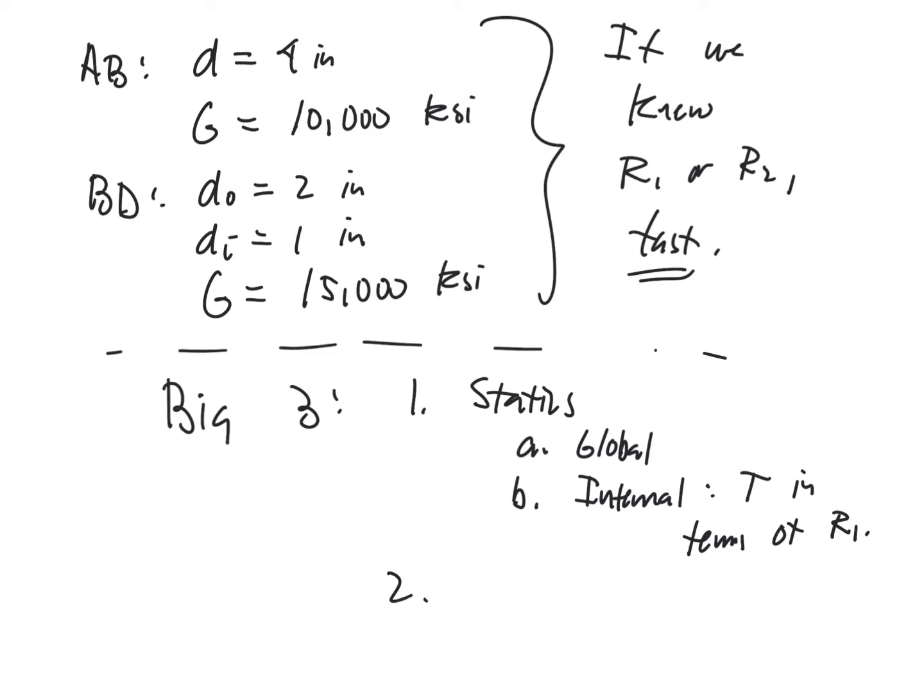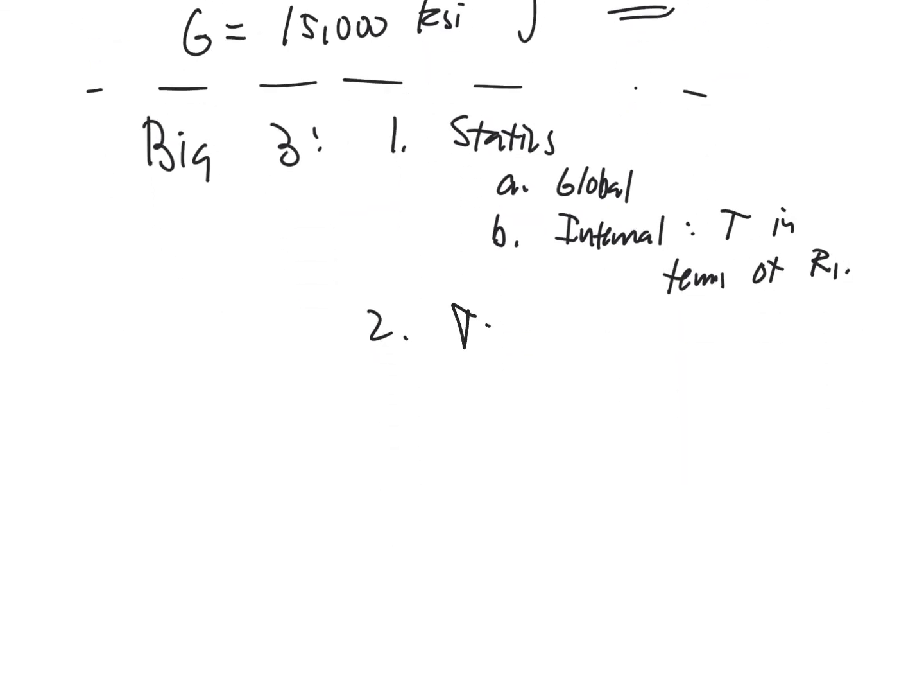The second is stress strain. But remember, for axial, that manifested itself as delta is PL over AE. That means that for us, it's going to appear as theta is equal to TL over JG for each segment.